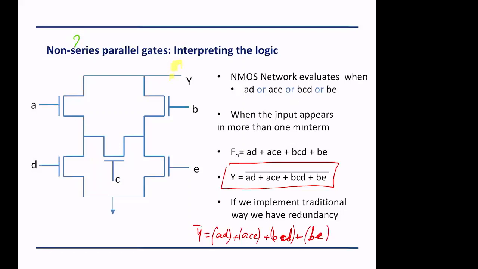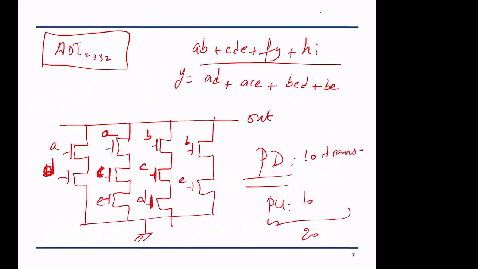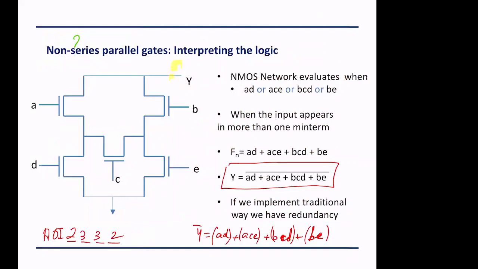So the easiest way for me to think about it is to say AOI, of what? Yes, 2332. I know how to implement the AOI 2332, so how many transistors does the pull down take? 10 pull down, 10 pull up, exactly. Whereas another designer said wait, I can see if I can reduce the area by benefiting from the fact that the inputs are common.